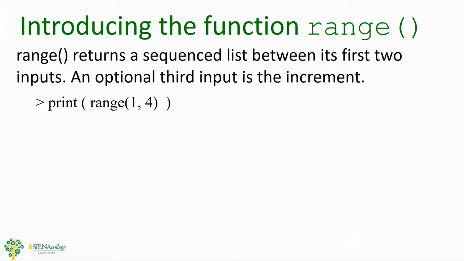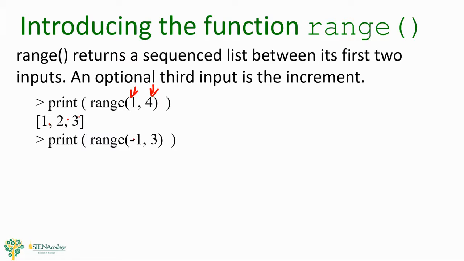Now the range function returns a list, and the list will be between the first two numbers that are passed to range. So the range function will give us from the number 1 up to, but not including, the number 4. So the list that we will get is 1, 2, and 3.